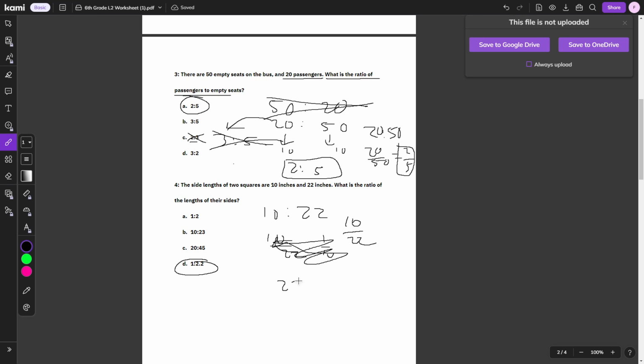If you were to divide 22 by 10, what you would find you get is 2.2. Now, this number is significant because you can just solve all of these. And if they equal 2.2, like this one does, then it's the correct answer.